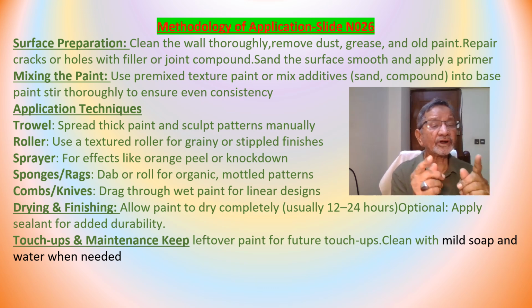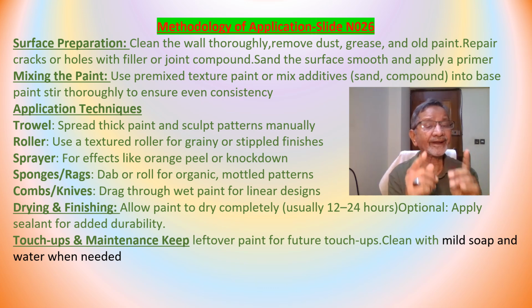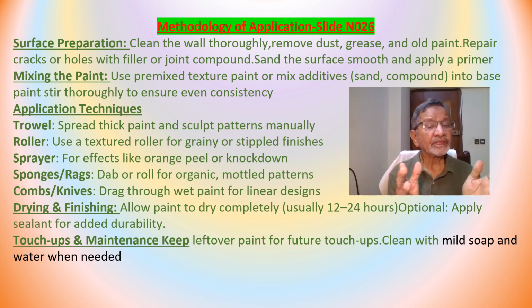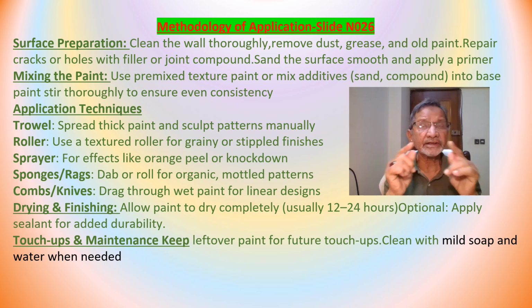Trowel painting for the sculpture design. Roller texture painting for granite finishes. Spraying the paint for orange peel or knockdown texture paints. Rags and sponges are used for natural patterns. Combs or knives for the linear styles.